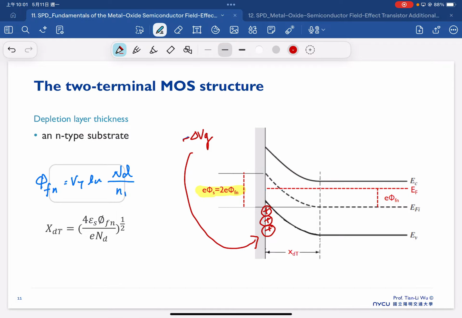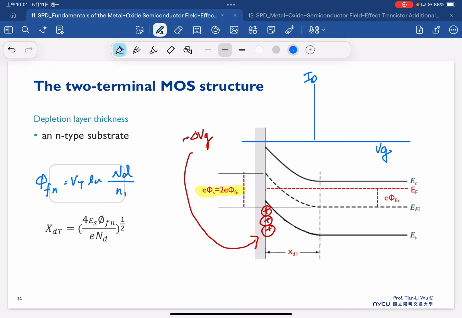One thing that is very important to remind is that, no matter NMOS or PMOS, we always try to look at them together for a side-by-side comparison, where we have ID versus VG.